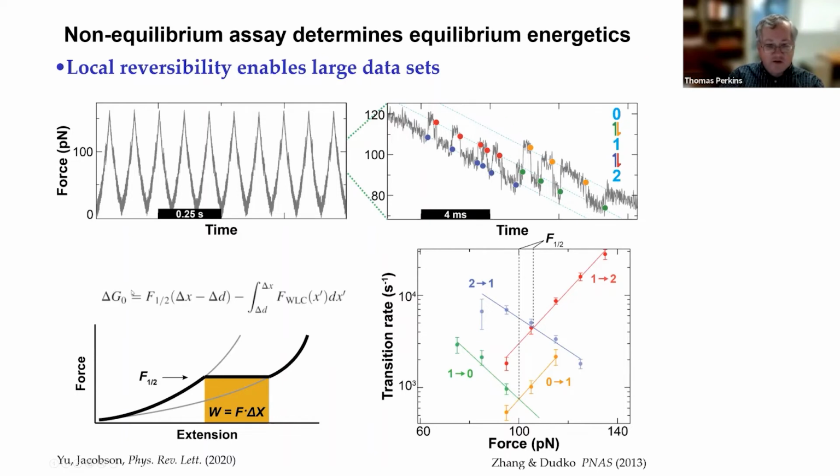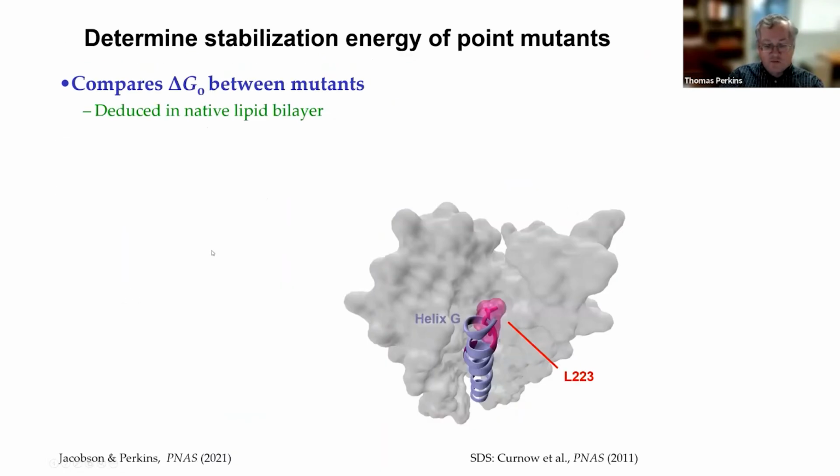And so now we can do this for wild type, and we can do this for point mutants. And the reason to do that is we want to look at the energetic contribution from a particular side chain, or the so-called delta G. And that's what biochemists are really going to be interested in.